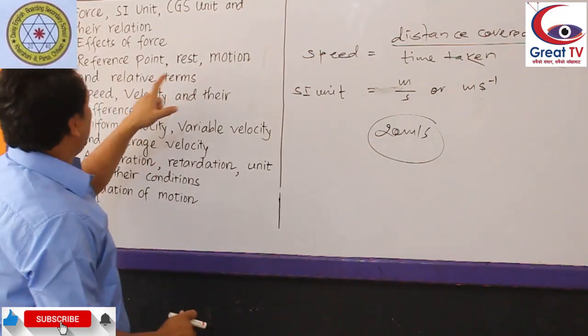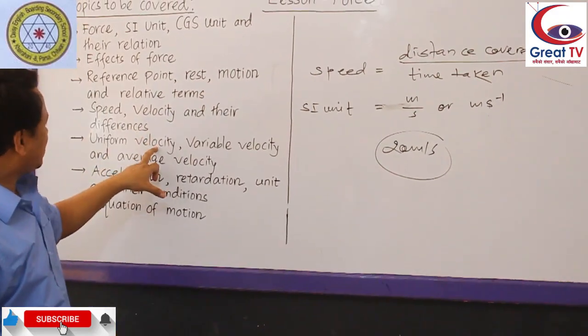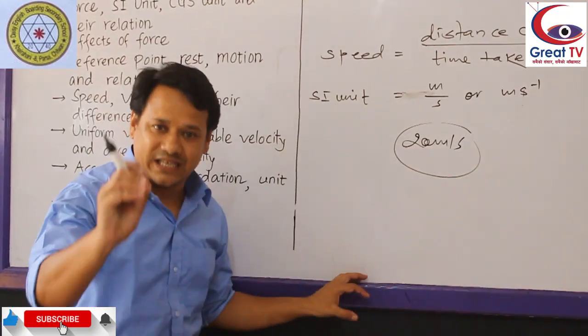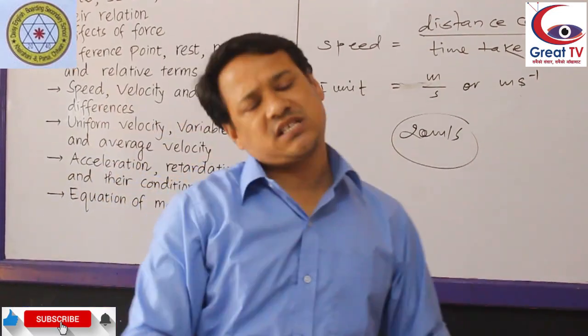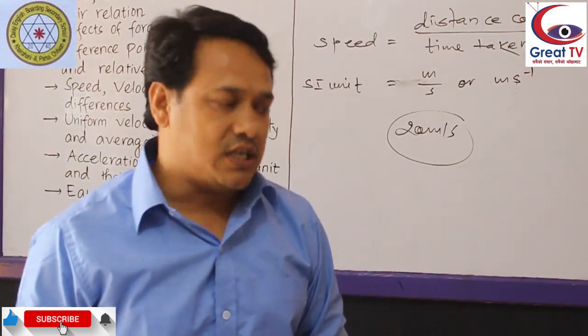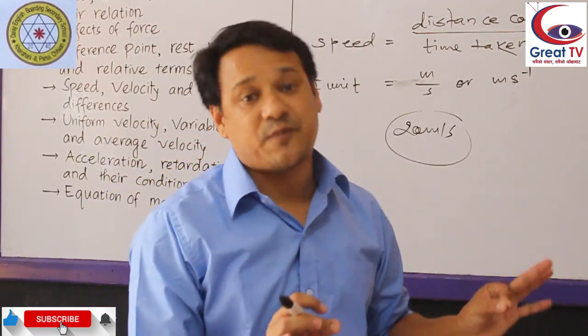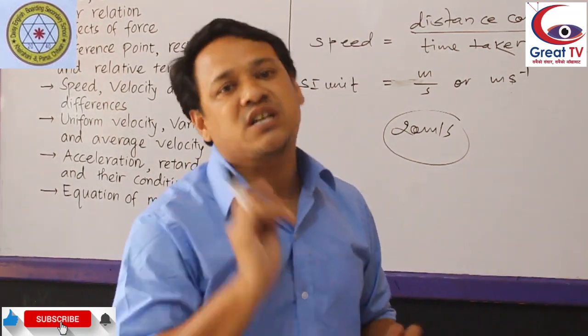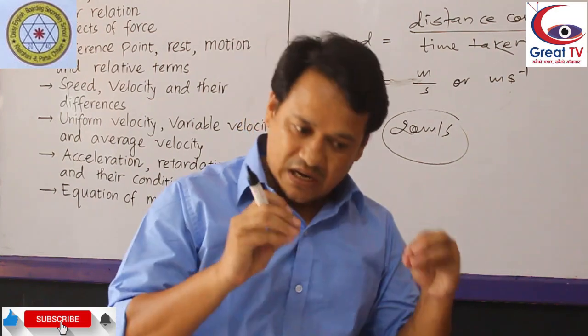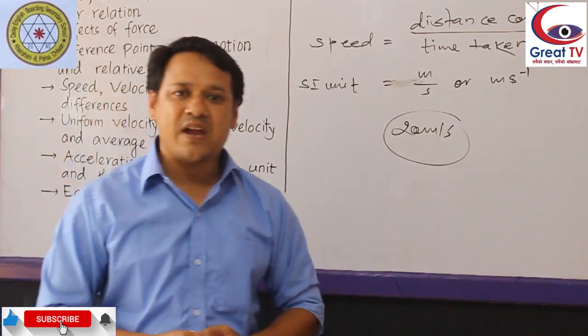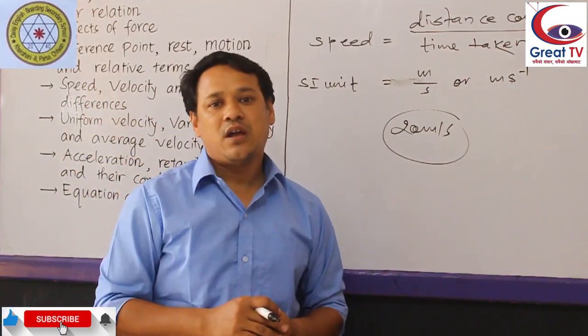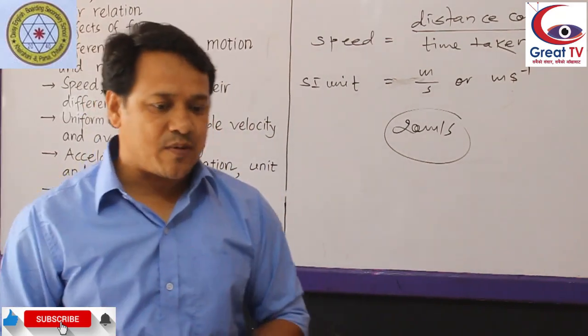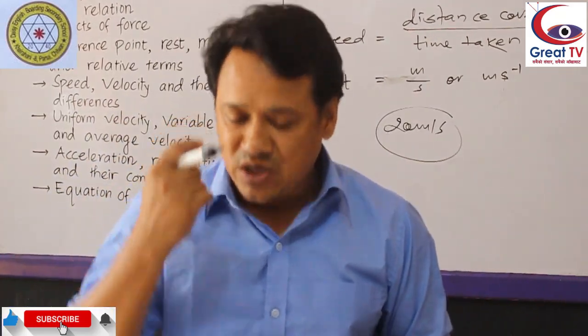But velocity, another term, velocity. Velocity is a special case of speed, very similar to speed, but there is one condition. Velocity is also the distance covered by a body in 1 second, in unit time.